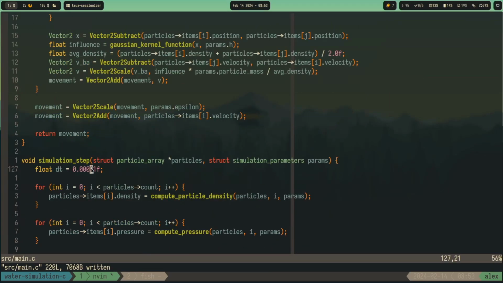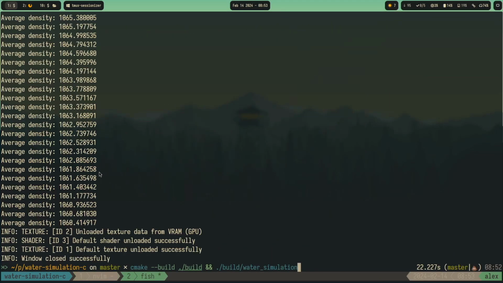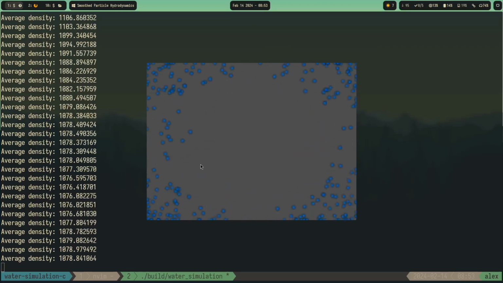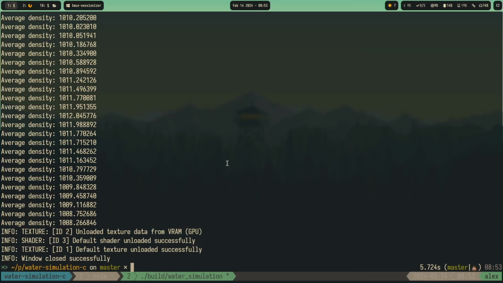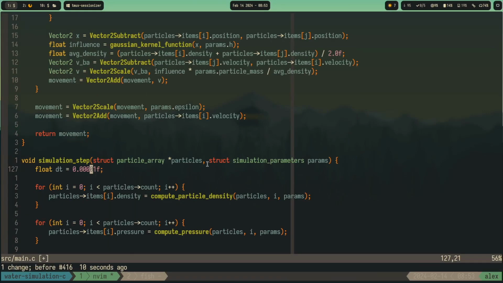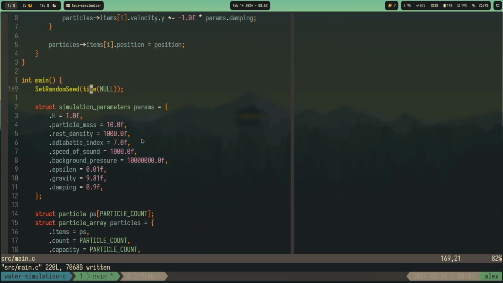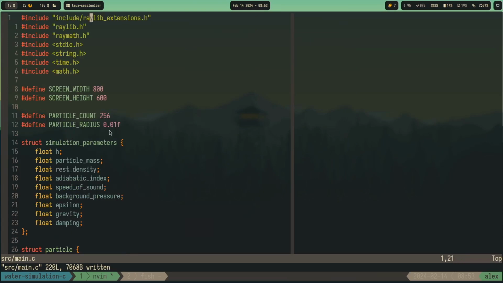So let's see if we decrease this step. Yeah, not sure how we can do that. Oh well, let's try to add more particles.